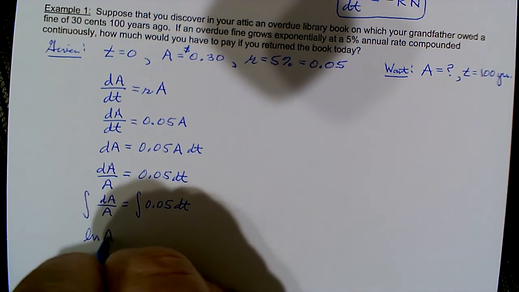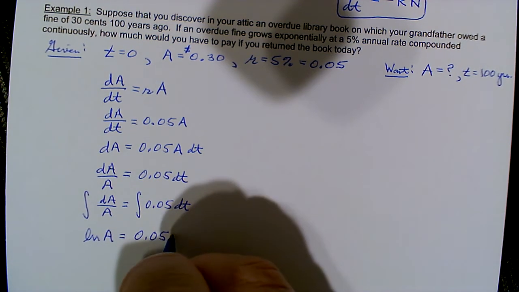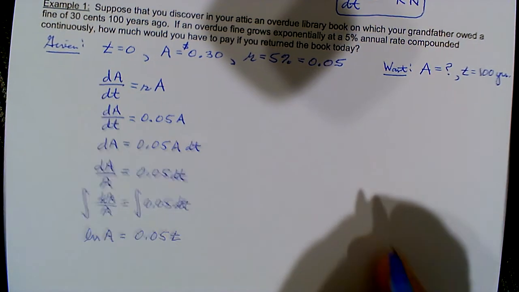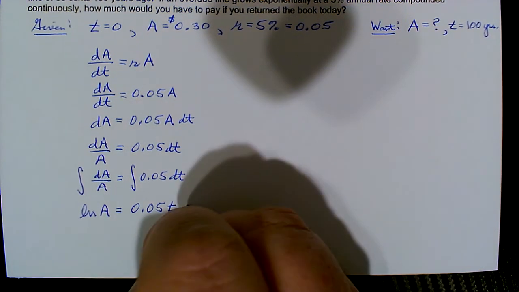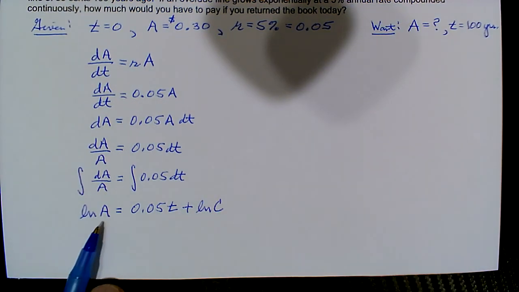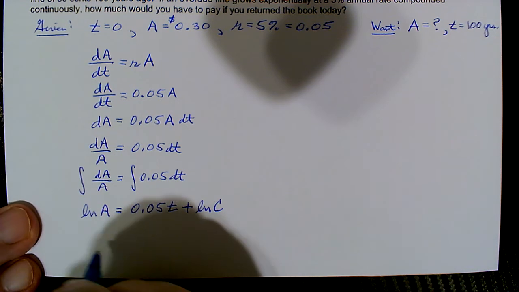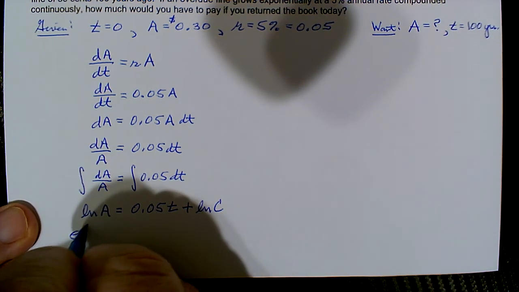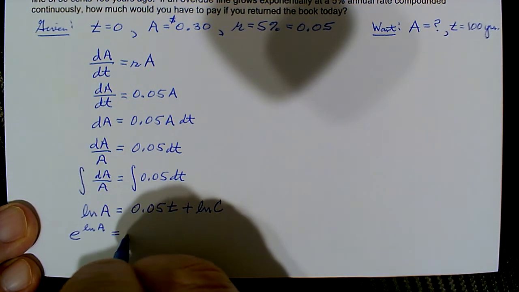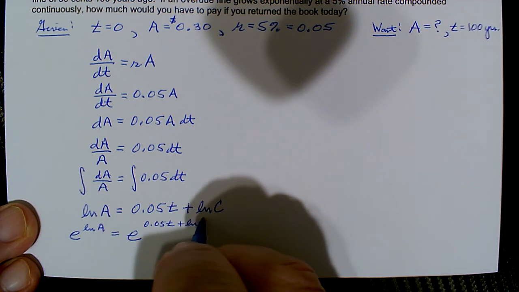So we'll just say the natural log of A equals 0.05, integrating that constant, we pick up the variable of integration t, and we call this plus the natural log of c, because remember, good practice is when you have a natural log generated on the left, your constant can be expressed in terms of a natural log. Because then in the next step, when we Eulerize, take e to be the base of both sides of the equation.